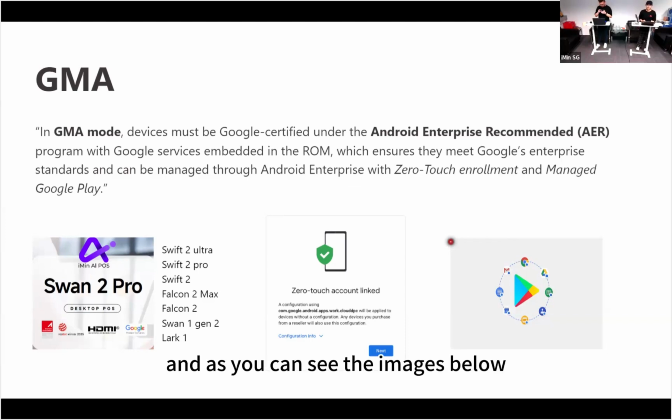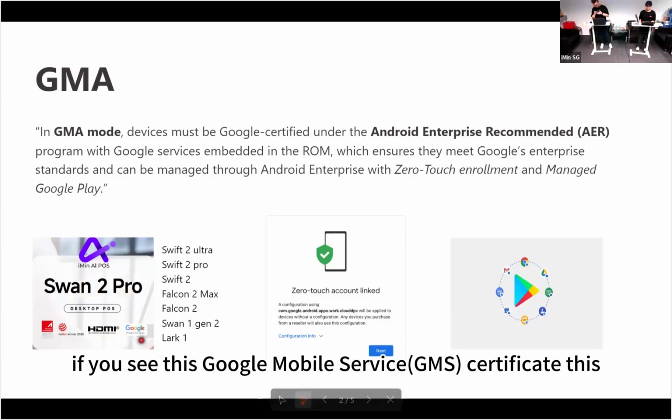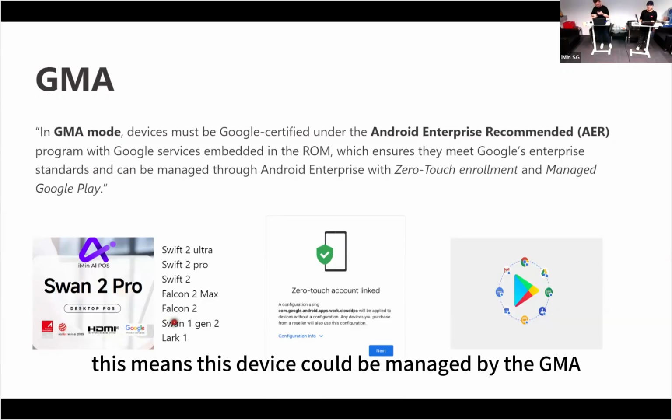And as you can see, the images below. So for iMin devices, also maybe the devices in other brands, if you see this Google mobile service certificate, this means this device could be managed by the GMA.